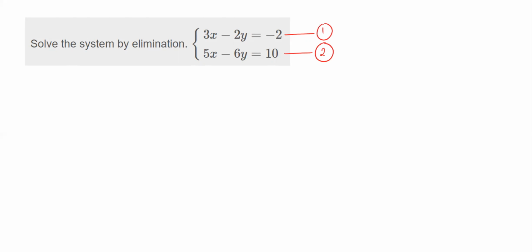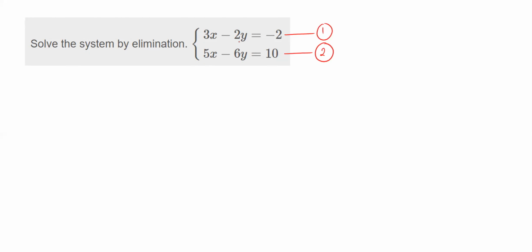Okay, let's look at the equation in 1. Let's look at x, it's 3x, and I look at the other one, 5x. I don't see one to be a multiple of the other, so that doesn't really help us. So let's go to the second variable, y. I have a 2y and a 6y, right? 2 and 6 are multiples of 2. So if I multiplied 2 by 3, I get a 6y, right?